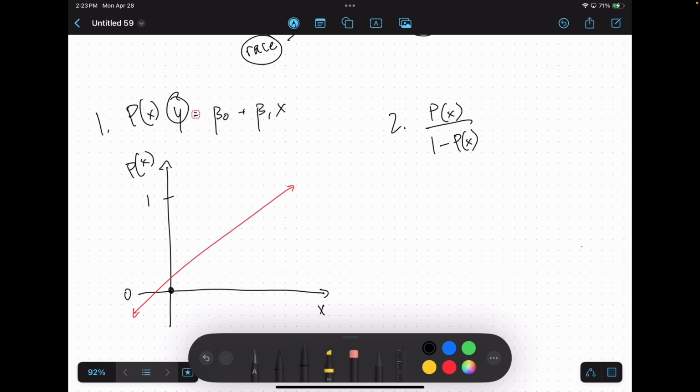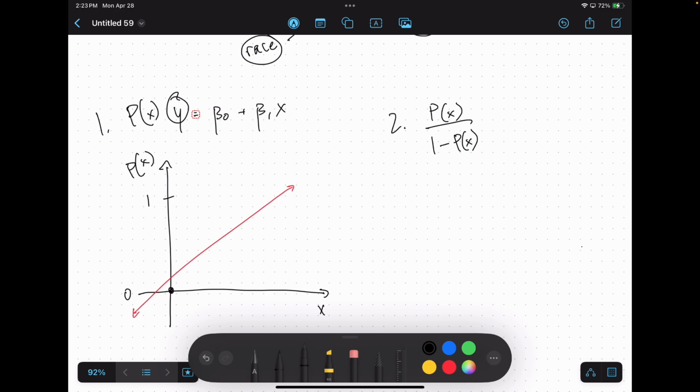Does this look like anything to anyone? What is probability of an outcome divided by 1 minus the probability of an outcome? Does anyone place any sports bets? Yeah, so this is an odds.